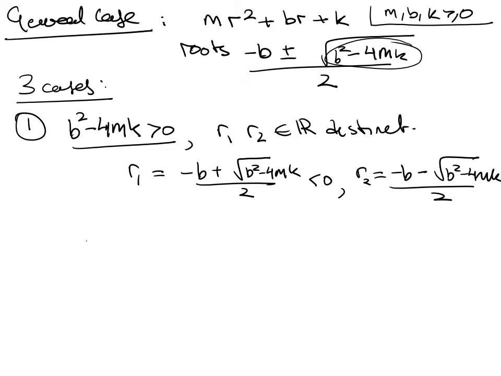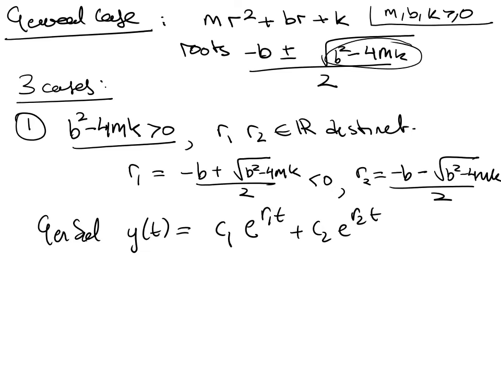And so what that means is that the general solution is y of t equals c1 e to the r1 t plus c2 e to the r2 t, where both r1 and r2 are negative. And so if you plot this, depending on whether C1 and C2 are negative or positive, we're going to get one of three different possibilities.